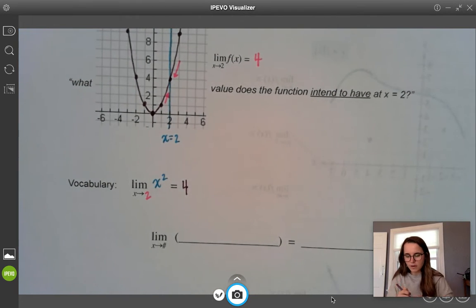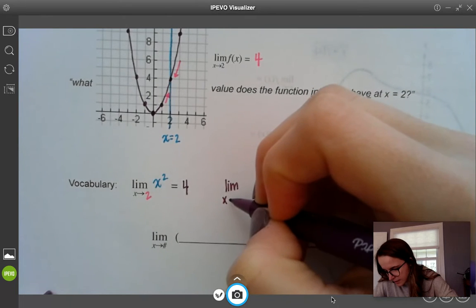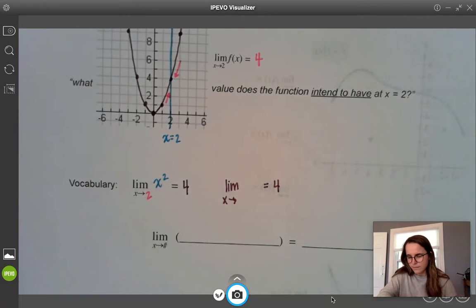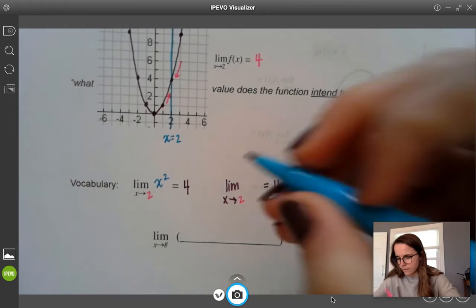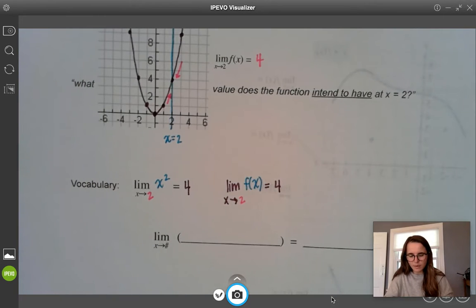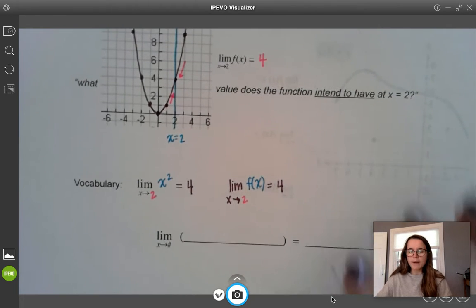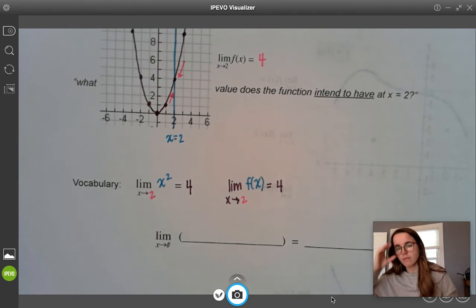Okay, this can also be written as the limit as x approaches 2 of f of x, like that. Okay, so it might give us the function like it did up here, and then we kind of have to fill it in, or it might just give us the function straight away. It really just depends on the problem that we're working with.